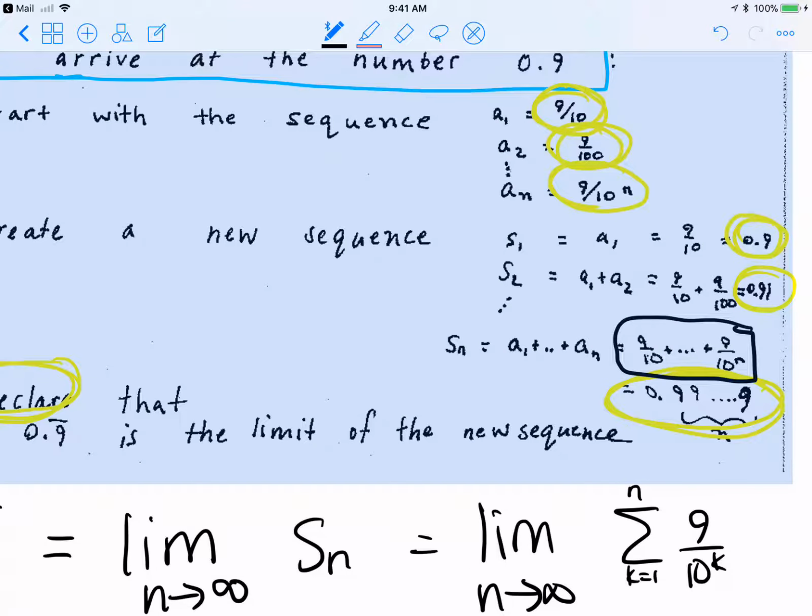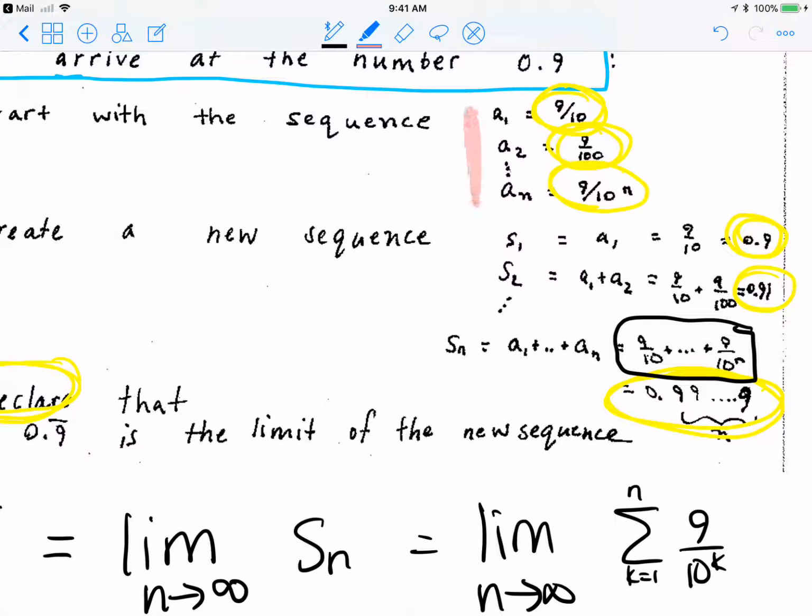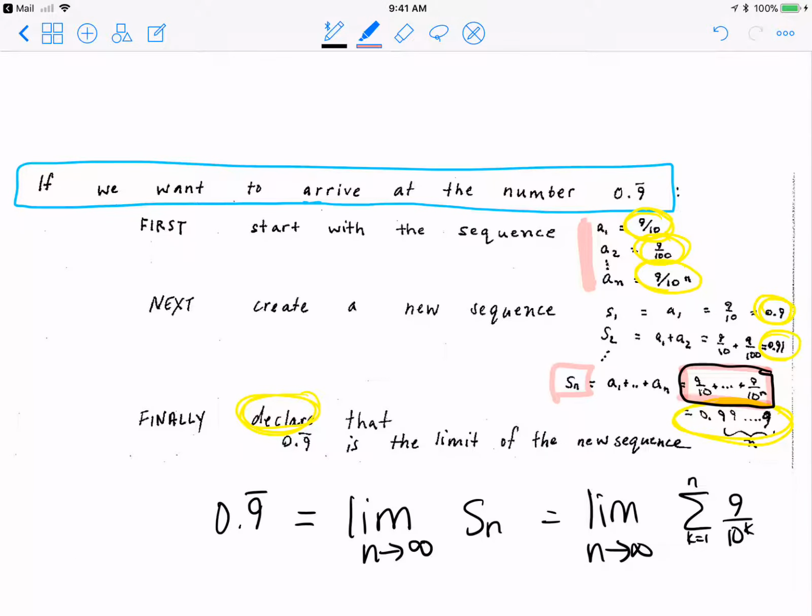So Sn, that nth term, is really adding up the first n terms up here, 9 over 10, 9 over 100, 9 over 1,000, keep doing it. Add those up and you get your new term. And then you want to take the limit as n goes to infinity of the sum of those original terms.